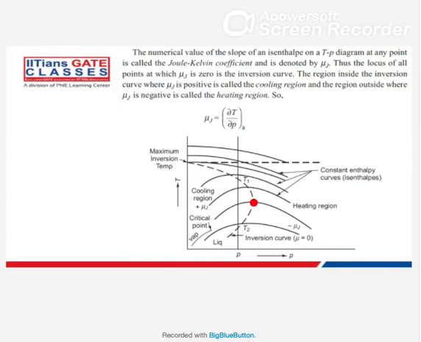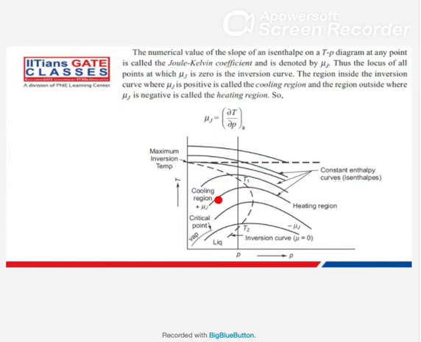That means left to this point is cooling, right to this point is the heating region. So this inversion curve is dividing this family of lines into cooling region and heating region. So this is your cooling region, and this is your heating region.